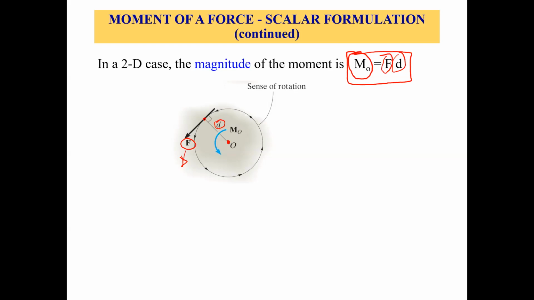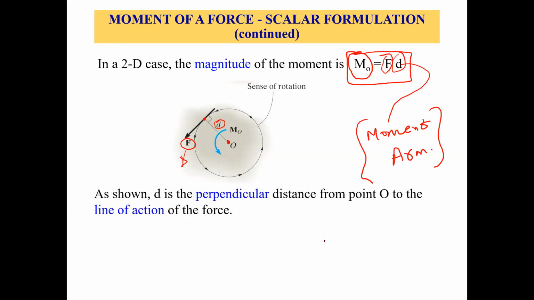That's how you find moment. M sub O equals F times D, force times the distance D, and we call this distance the moment arm. So this D is called moment arm. We need to remember these terminologies.